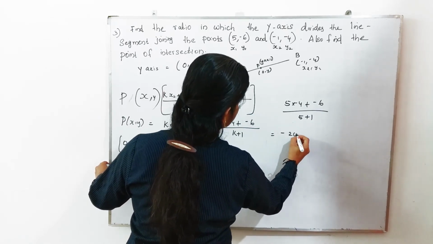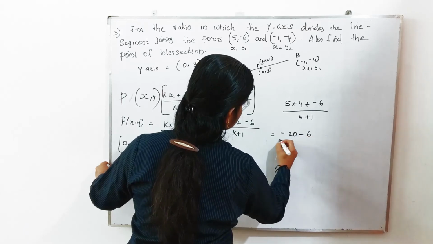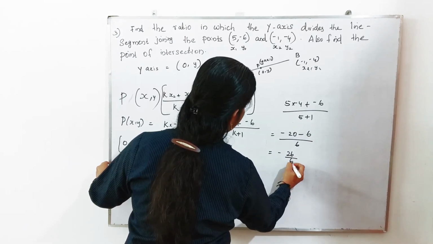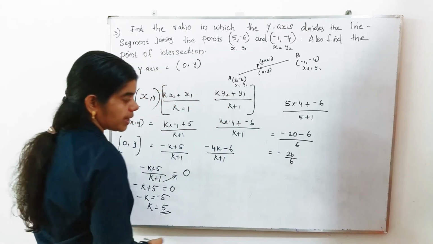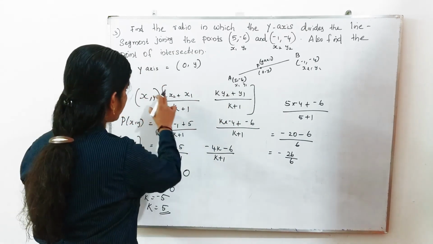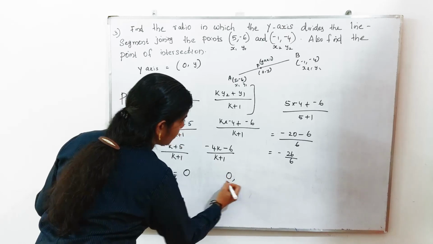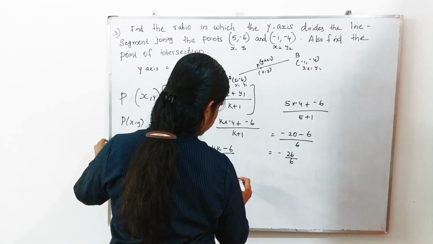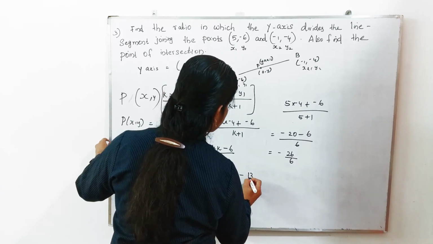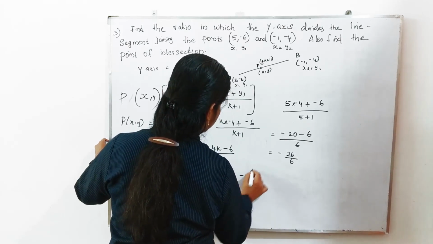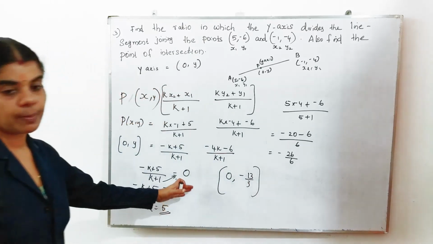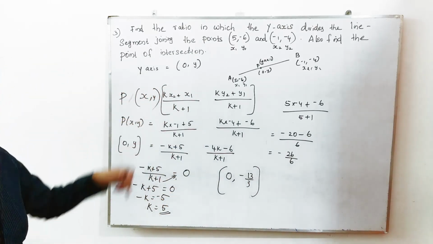That is minus 20 minus 6, divided by 6, that is minus 26 by 6. If you want, you can make it smaller. Then the point of intersection is (0, minus 13 by 3). This will be the coordinates of the point of intersection.